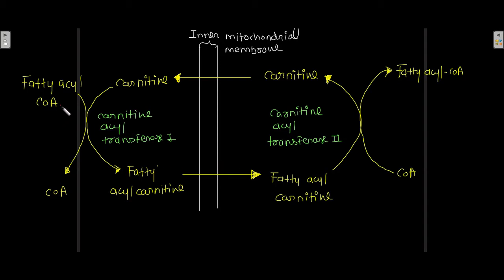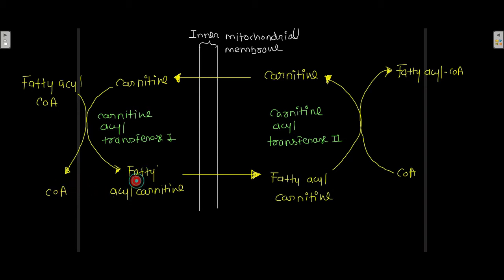Okay, as you can see, the fatty acyl coenzyme A combines with carnitine, and this is catalyzed by carnitine acyl transferase 1, and out of this reaction fatty acyl carnitine and coenzyme A are formed.